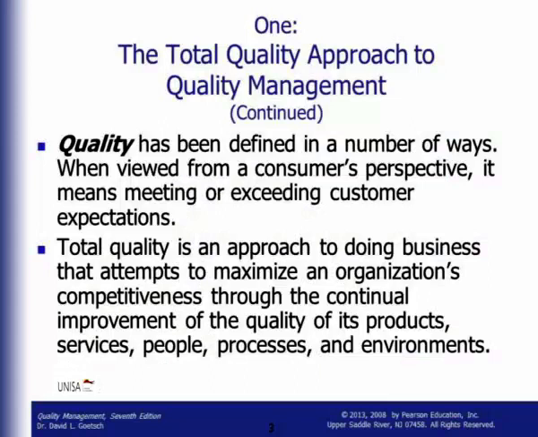So looking at quality has been defined in a number of ways. When viewed from a customer perspective, it means meeting or exceeding customer expectations. Total quality is an approach to doing business that attempts to maximize an organization's competitiveness through the continual improvement of quality of products, services, people, processes, and environments.